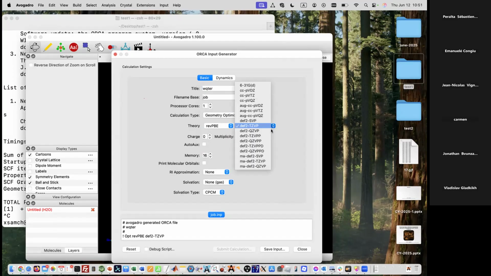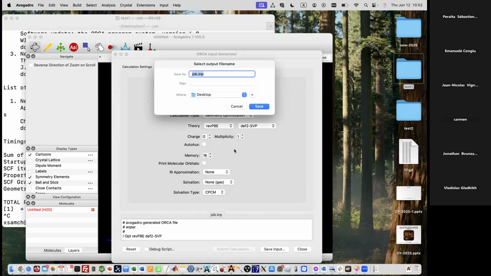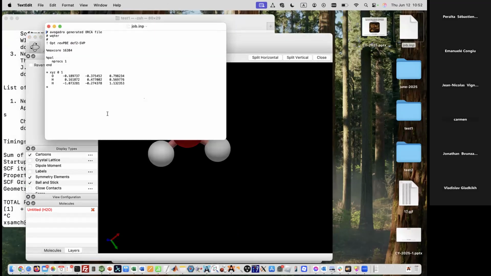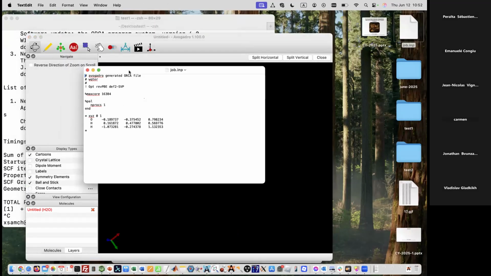Basis set, I will choose a relatively smaller basis set to speed up the computation. And here you can define the charge, multiplicity, and memory, and this is a gas phase optimization. And then if you save the input file, it can create the input file like this.